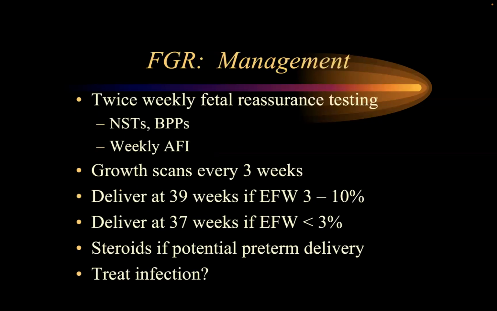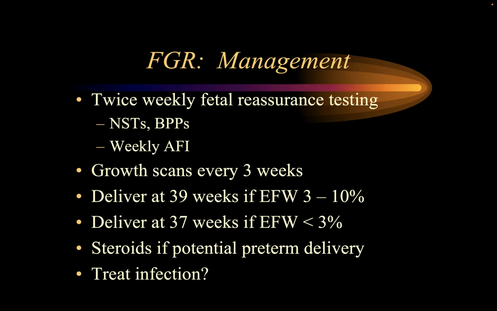Next slide. So what do we do once we've identified these cases? We start twice weekly fetal reassurance testing, sometimes even more often if it's severe, extreme prematurity, and we're trying to eke out every day of the pregnancy that we can. Sometimes we'll even admit patients to the hospital and monitor them daily or continuously.